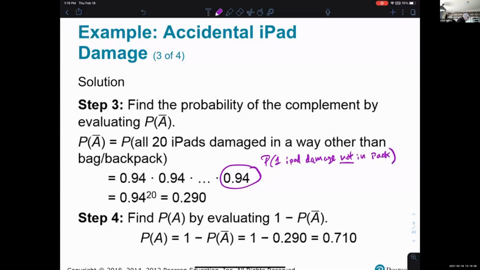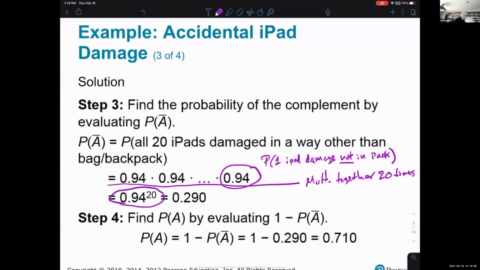And then to get all 20 of them, you have to multiply together 20 times. So they get this calculation of 0.94 to the 20th power, meaning times itself 20 times, and then they get this result here of a little bit less than 30%.